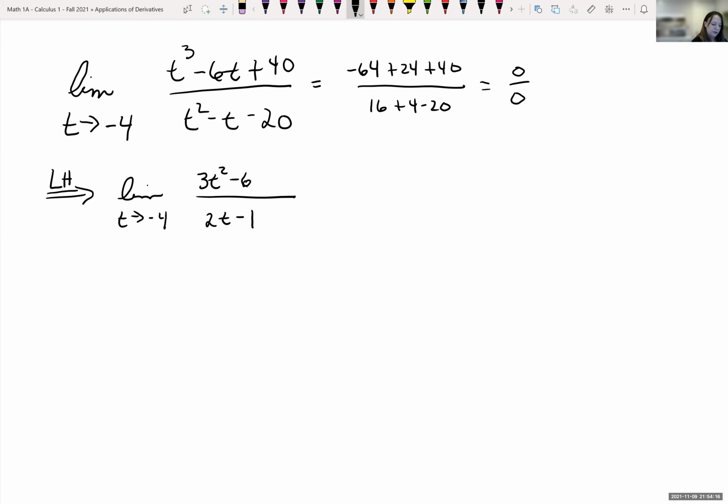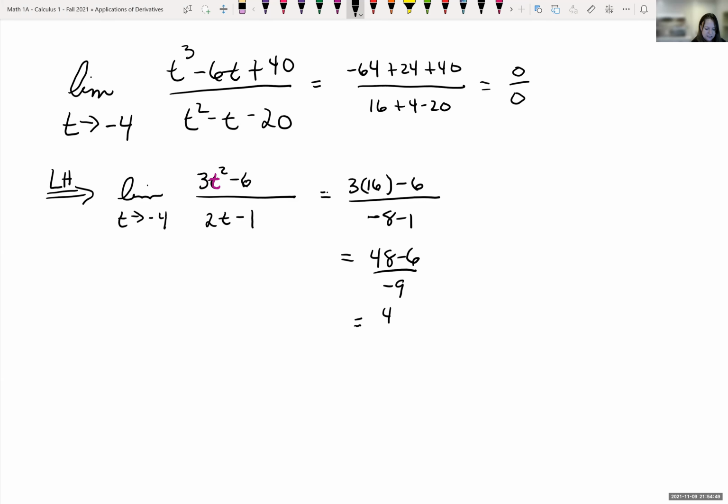So now we're going to do direct substitution again. If I square -4, I get 16. So I have 3 times 16 minus 6, all over 2 times -4, which is -8, minus 1. 3 times 16 is 48 minus 6, all over -9.